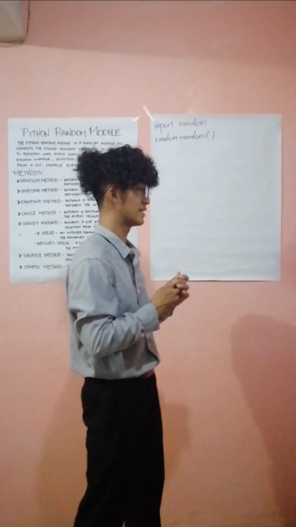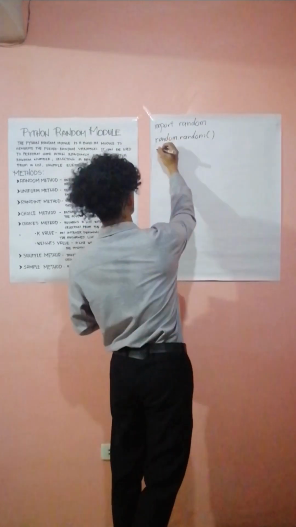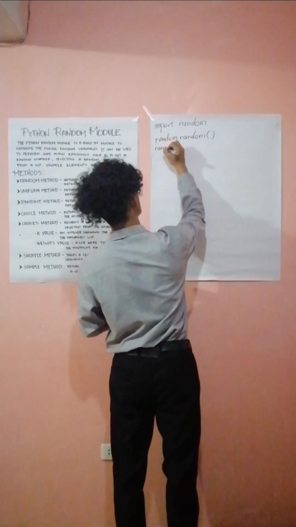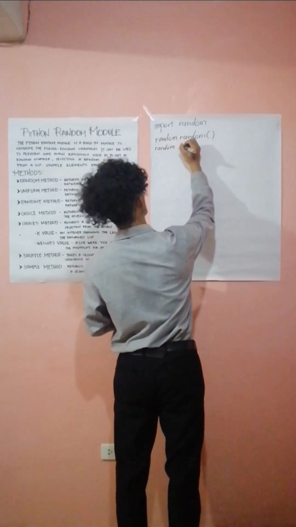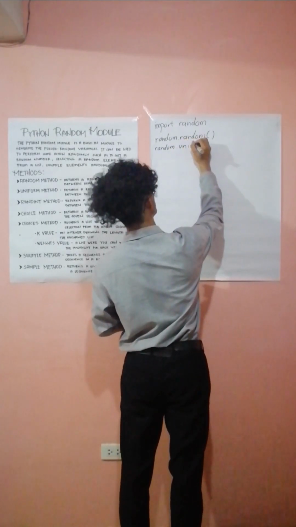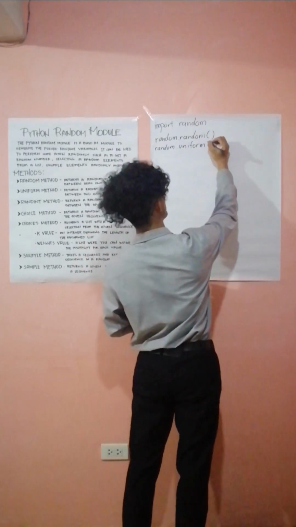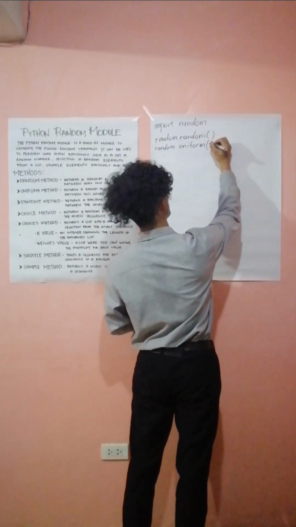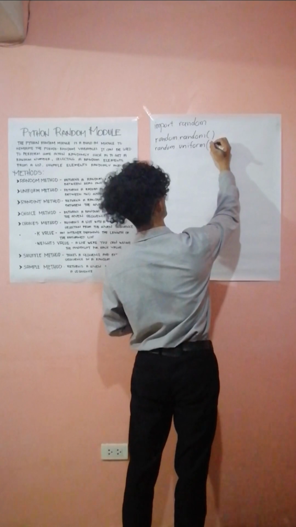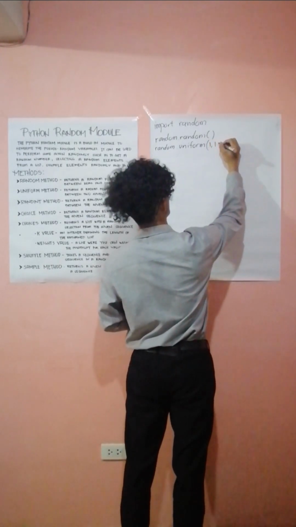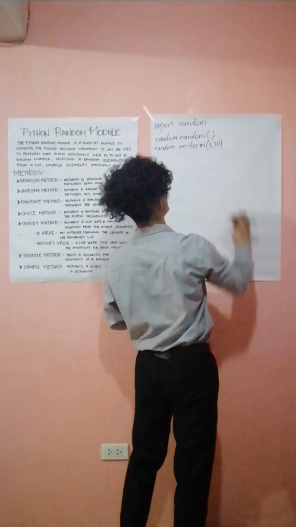So how can we use it and how do we declare the uniform method? First, you will just write random dot uniform. And inside the parentheses, you will first write your starting number and your ending number.